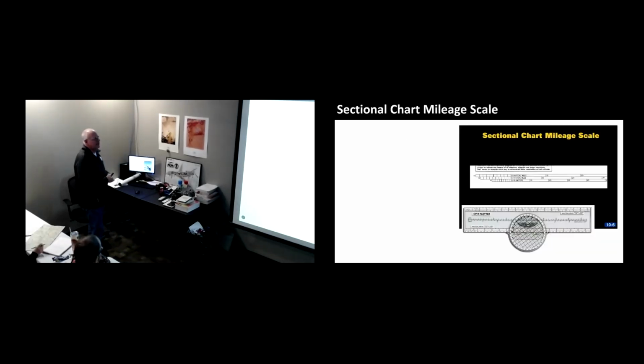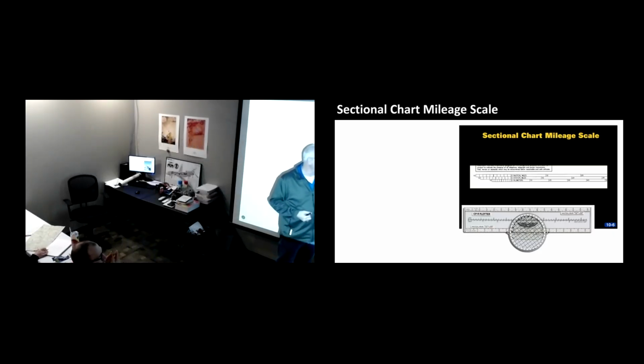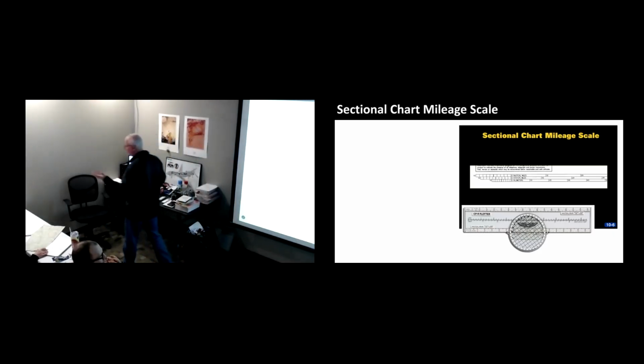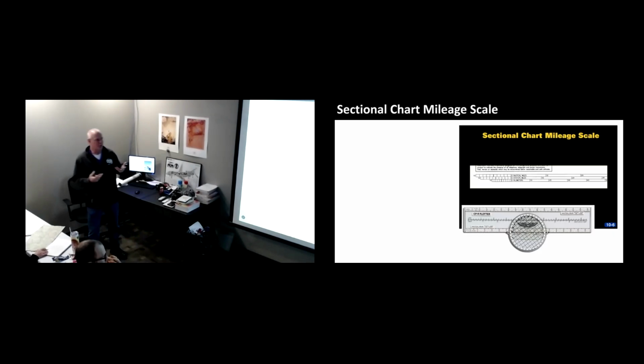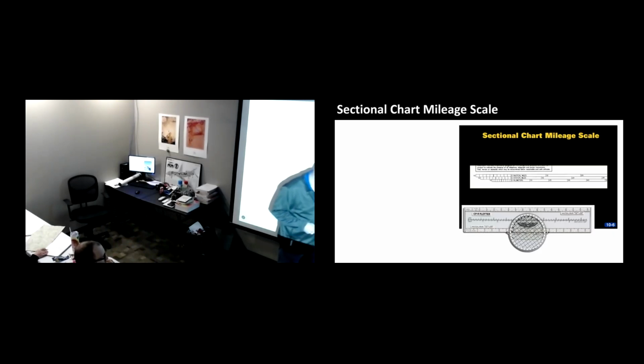Okay. Sectional chart mileage scales. So you can see on the chart as well, it has a scale for nautical miles, statute miles, and kilometers. Virtually everything we're going to do is going to be with nautical miles. Okay. And your plotter is going to have a nautical mile scale on it.